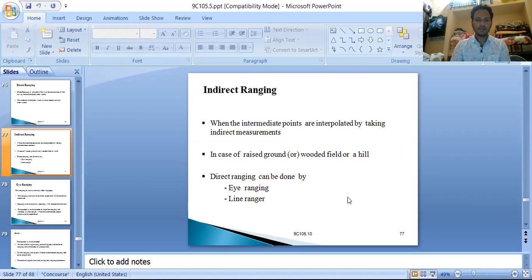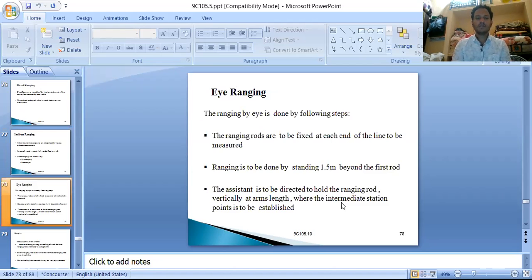Direct ranging can be done by eye ranging or by line ranger. Eye ranging means ranging by eye, done using the following steps. The ranging rods are to be fixed at each end of the line to be measured. Ranging is to be done by standing 1.5 meters beyond the first rod.